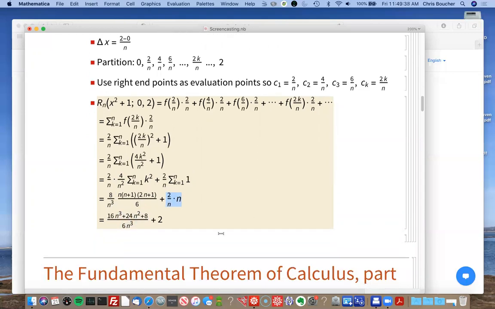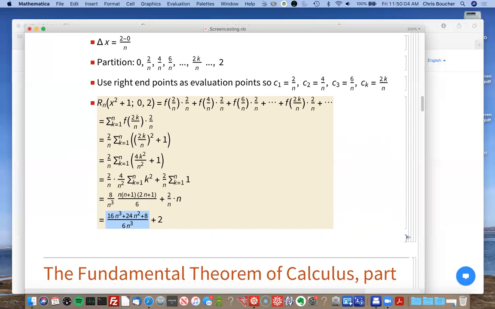And the reason for doing this is that I want to compute the limit as n goes to infinity of this thing. And now I'm in a position to do that, right? Hopefully you remember from Calc 1 that a rational function like this, that first term, as n goes to infinity, goes like the ratio of its leading terms. And the leading terms are 16n cubed and 6n cubed, right?